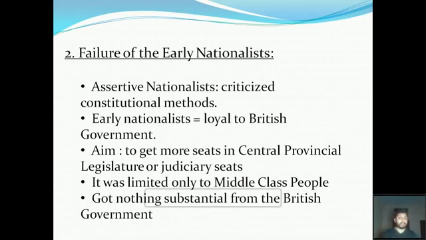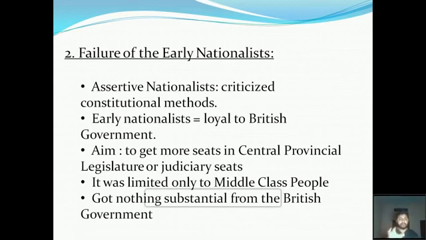So early nationalist leaders were really loyal to the British government, and their aim was to get more seats in the central provincial legislature or judiciary seats. They had an ideology to increase the number of representatives in the central provincial legislature or in the judiciary. That was their aim, and that is why they were loyal to the British.